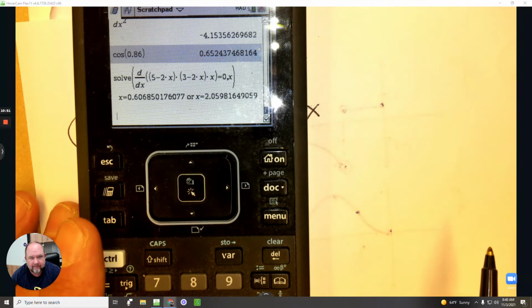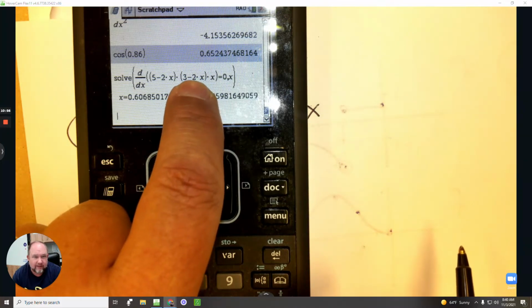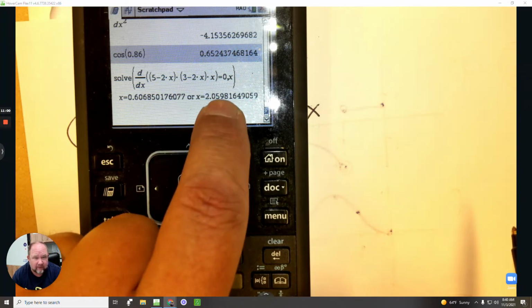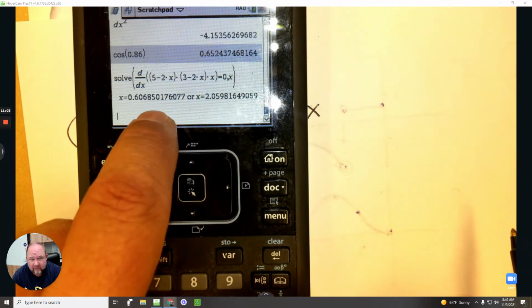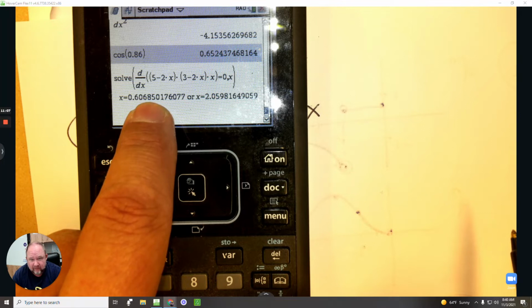2.05 is too big. If I plug 2.05 in here, 2 times 2 is negative 4, so that would produce a negative length. So this is not in my domain. This is the only correct answer. So the correct answer is when x equals 0.607.